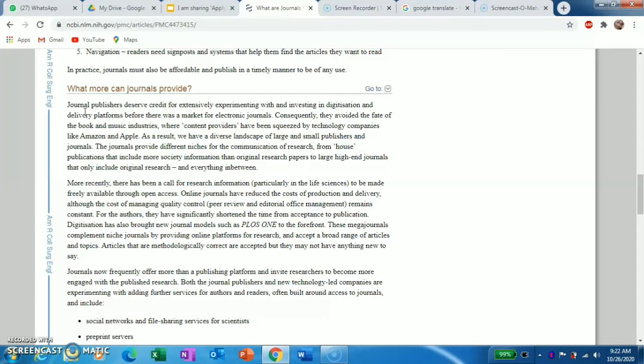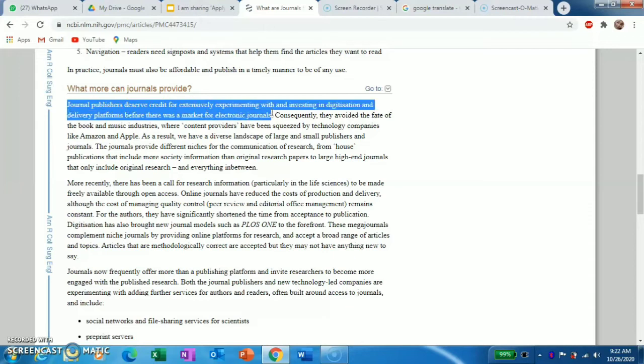Okay, I will read again, now that I have my questions, to look for the answers. For my first question, I find my answer here. Journal publishers deserve credit for extensively experimenting with and investing in digitization and delivery platforms before there was a market for electronic journals.